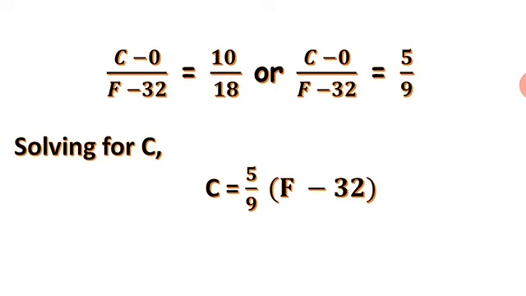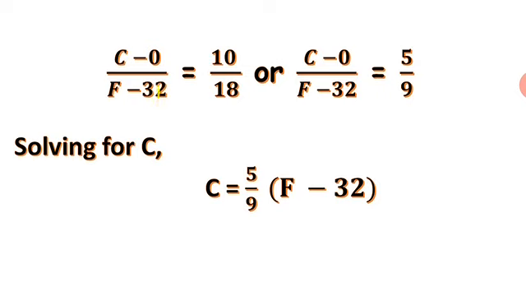If the Celsius reading is C and the Fahrenheit reading is F, this is how we can change Celsius to Fahrenheit and Fahrenheit to Celsius. You can see here on the first part, C minus 0 divided by F minus 32.